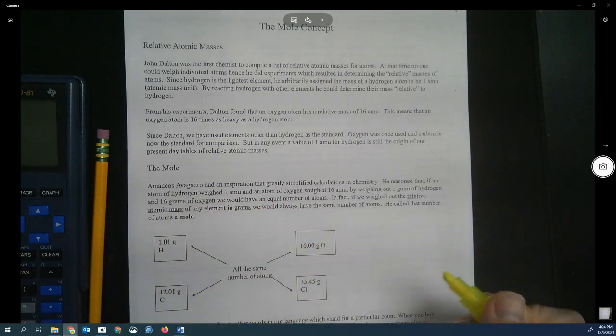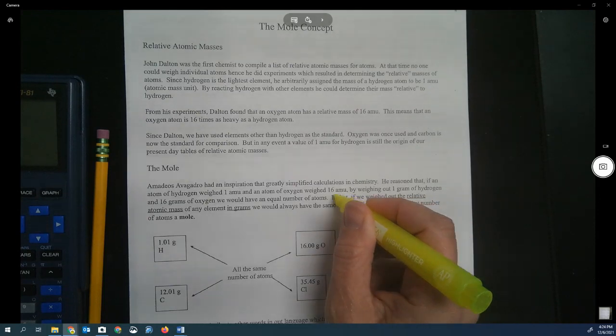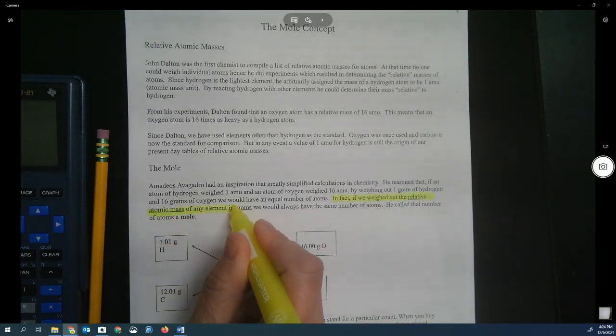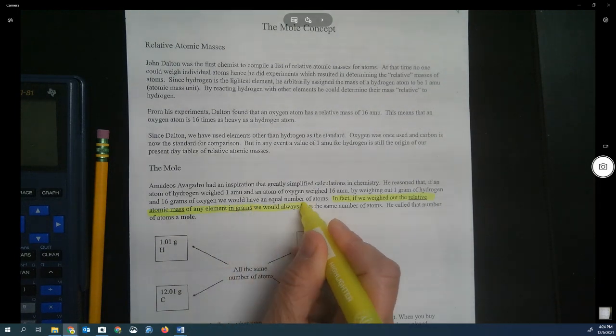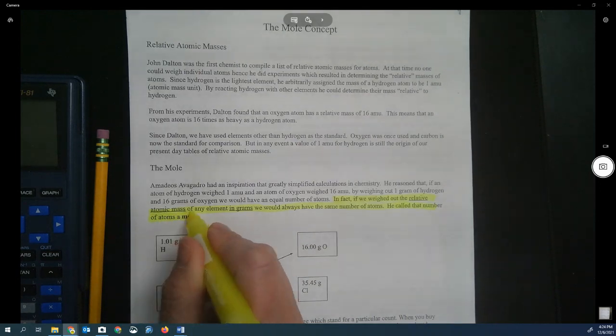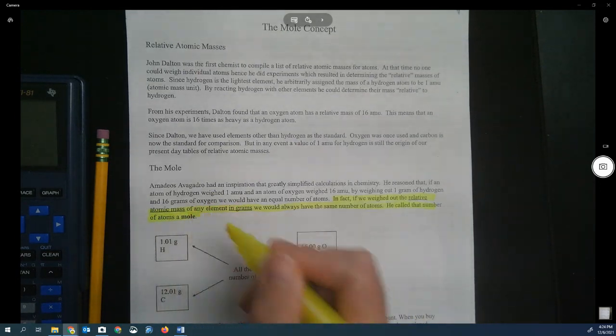In fact, if we weighed out the relative atomic mass of any element in grams, we would always have the same number of atoms. He called this number of atoms the mole.